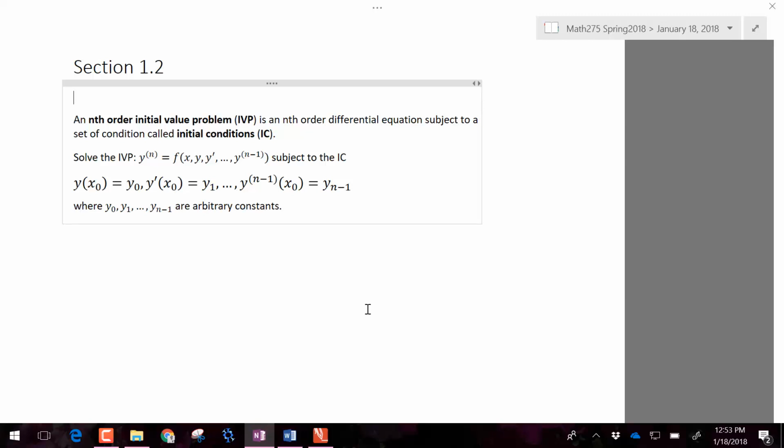Yeah, so there's these n-1 conditions from the first derivative to the n-1st derivative, and then there's this original function condition, so that's a total of n initial conditions.